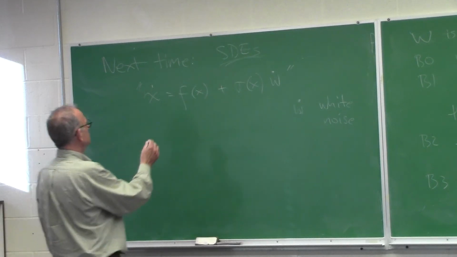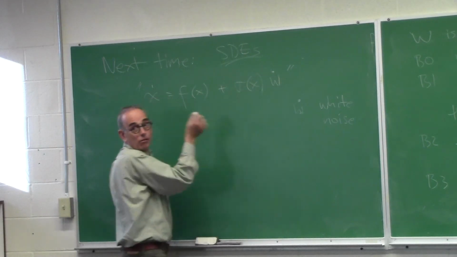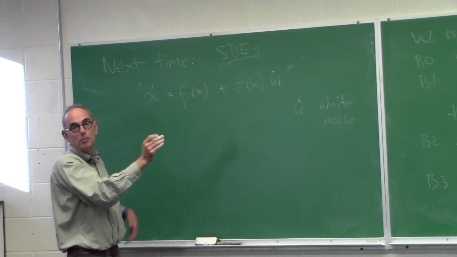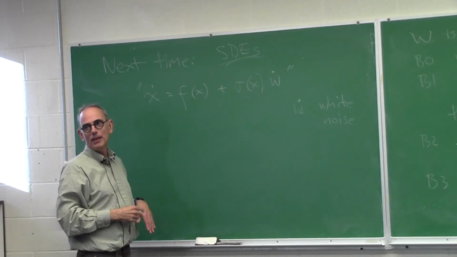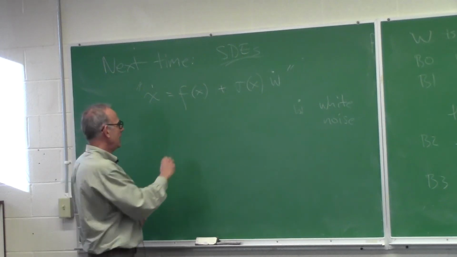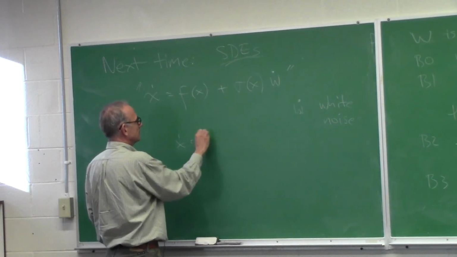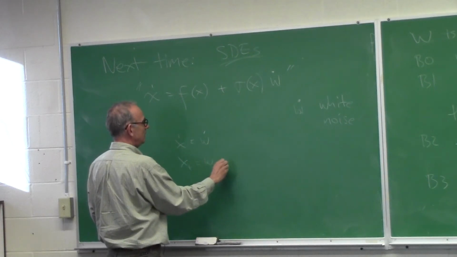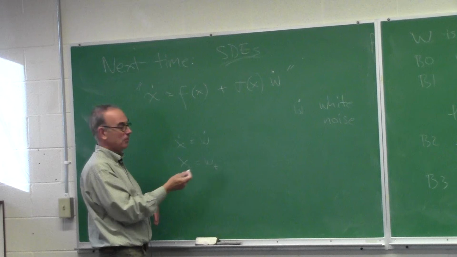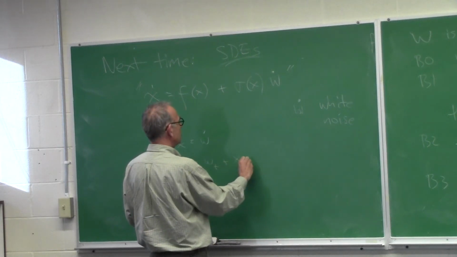There's a derivative on both sides. You're trying to solve a fixed point equation. So if you can be clever and rearrange this in some way, you can get rid of the derivative. I mean, x dot equals w dot's not scary. You would just say, well, x of t equals w of t plus x0 minus w0.